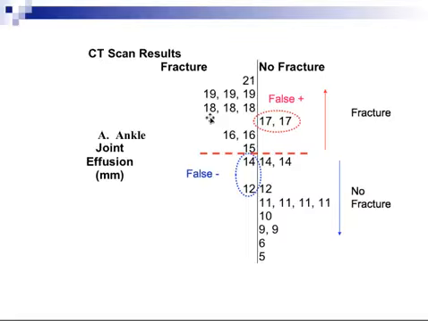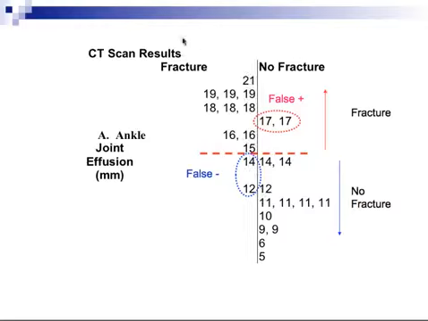So now rather than a rule, we have a tape measure. We measure it around the ankle, and we have values that vary from 5 millimeters of swelling to 21 millimeters of swelling.